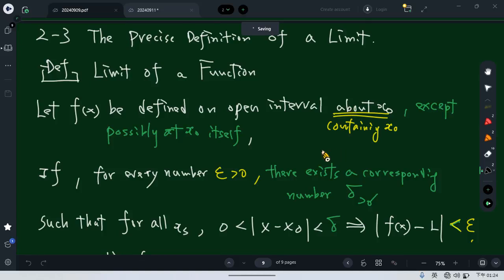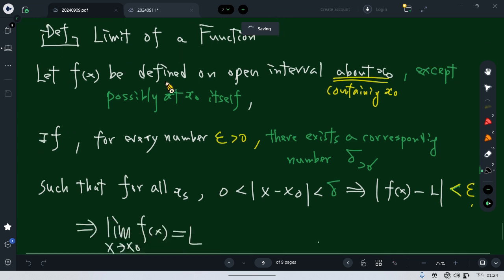Okay, so let me just read the definition for you first. That f(x) be defined on an open interval about x0. So I believe you know that, right? On Monday, I already told you that the open interval will include x0.